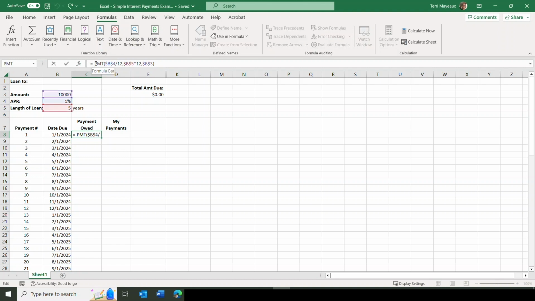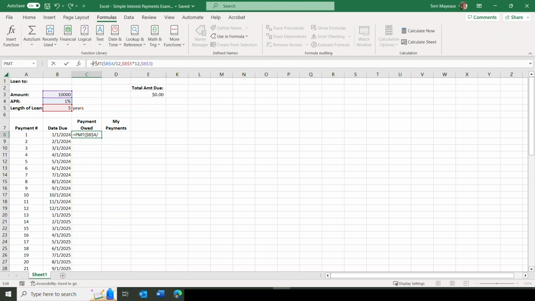Or another thing that I could do is I could say, I want to put in the absolute value of this payment. Now, absolute value is the distance of a number to 0. So whether it's negative 170 or positive 170, the absolute value for both is positive 170.